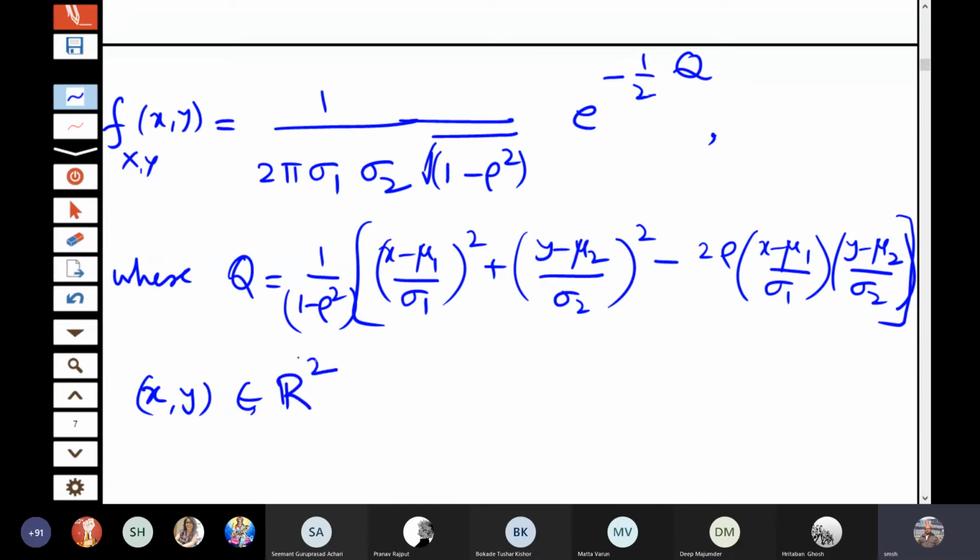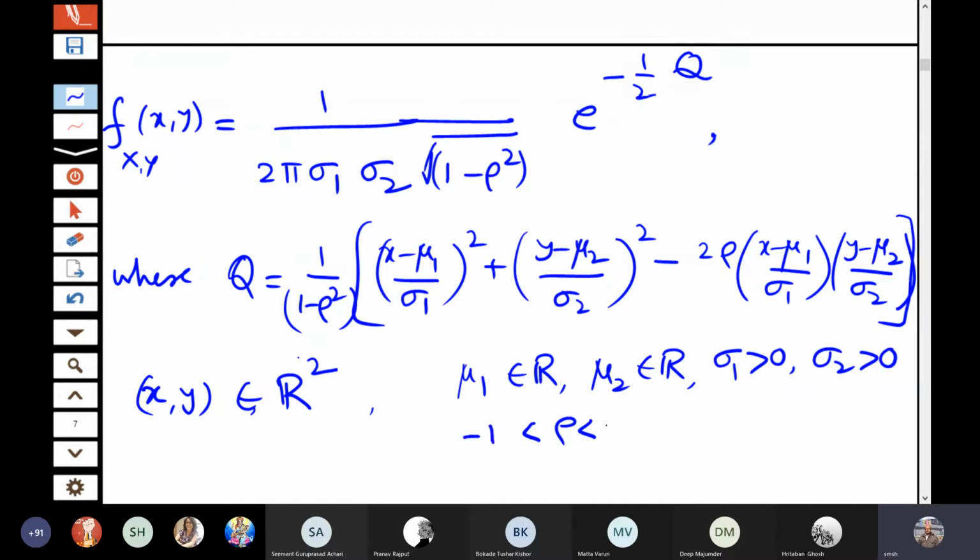And what are these parameters? Mu1 is a real number, mu2 is a real number, sigma 1 is positive, sigma 2 is positive, and this rho, because of the square root of 1 minus rho square, should always be between minus 1 and plus 1, otherwise the density will become invalid.